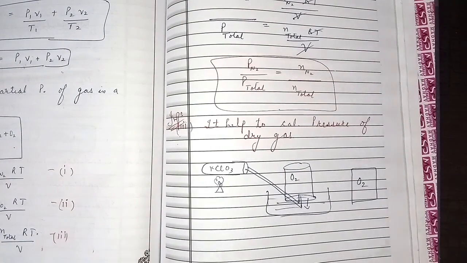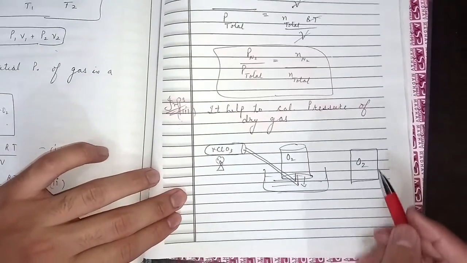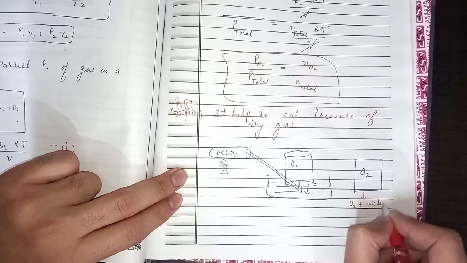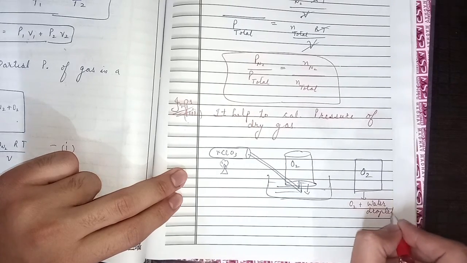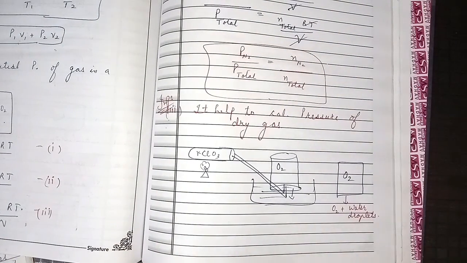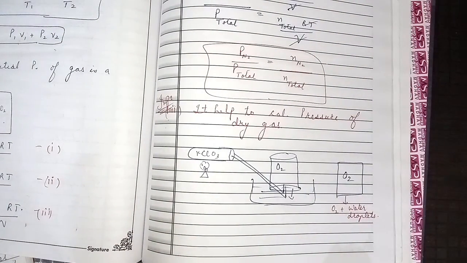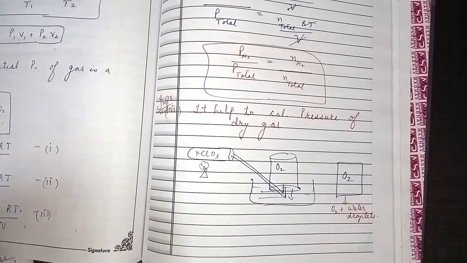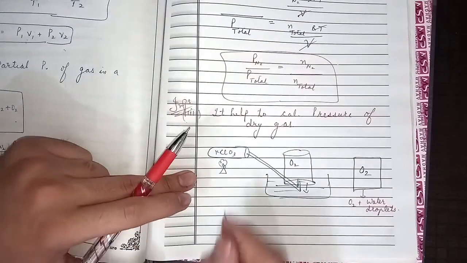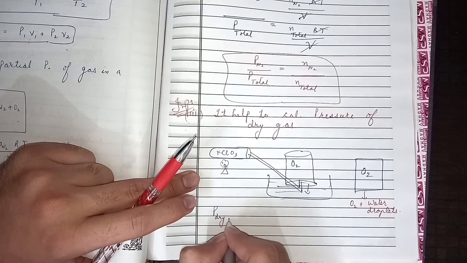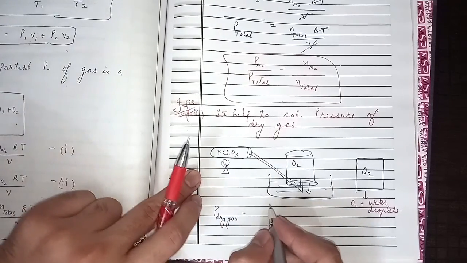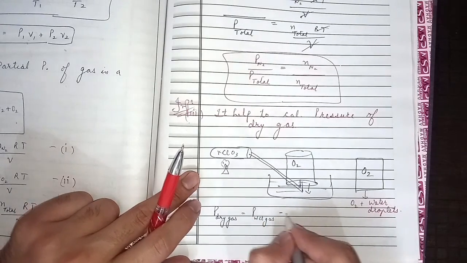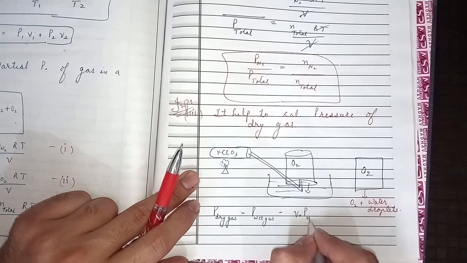So now the case is that in this cylinder there is oxygen gas as well as some water droplets, oxygen plus water droplets. So if we calculate pressure, it will be calculated for both oxygen and water, and this is not correct. So if we want only the pressure of oxygen gas, that is the pressure of a dry gas, we will calculate it as P dry gas is equal to P wet gas, meaning the gas plus water vapor, minus the vapor pressure of water.